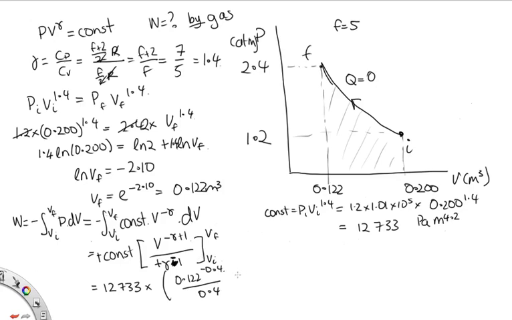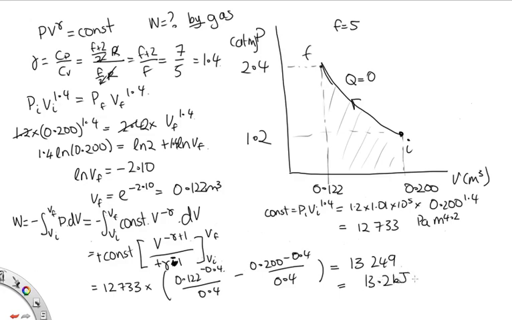And then we substitute in the initial volume, so that's 0.200 to the minus 0.4 over 0.4. Solving that on the calculator, we end up with 13,249, so that's equal to 13.2 kilojoules.